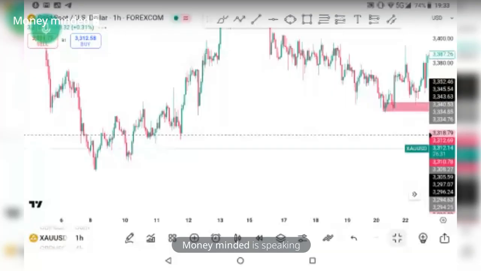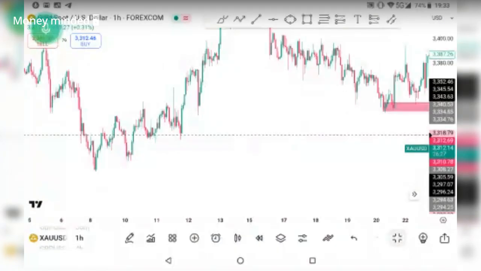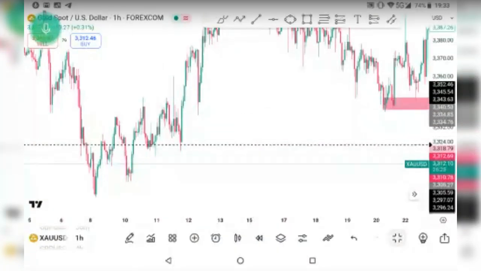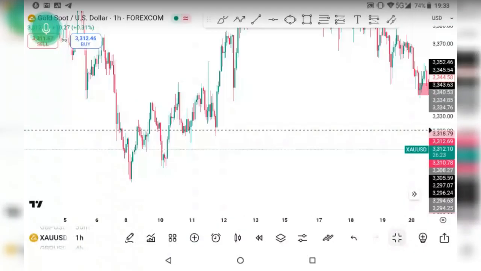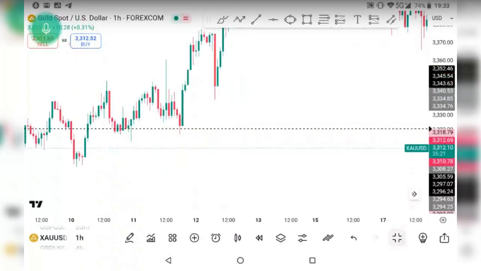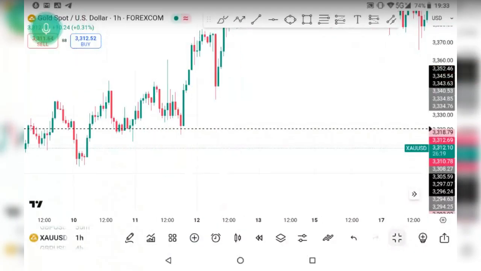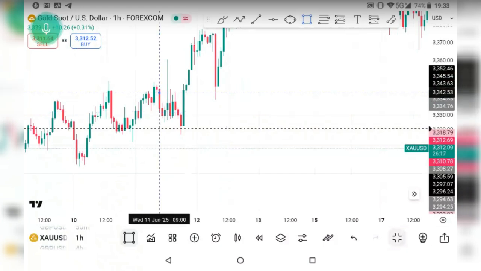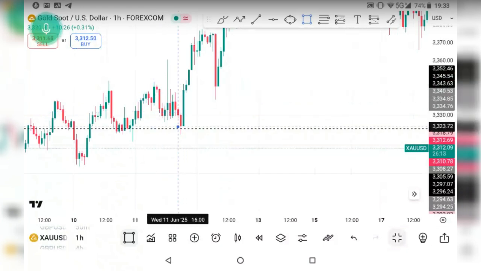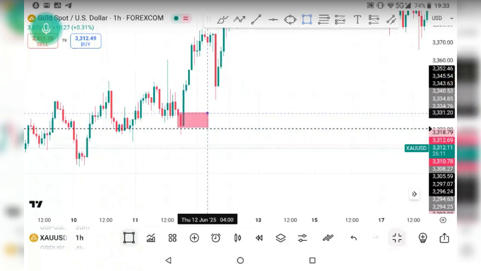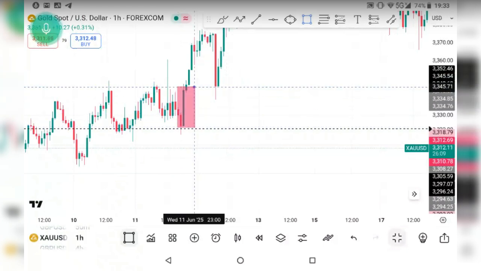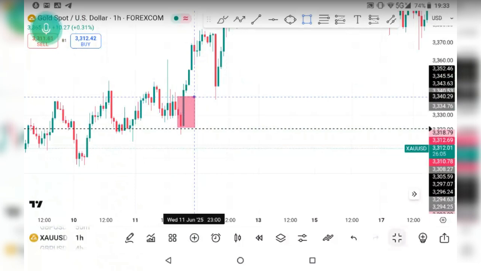So if we look at this particular region now, we have what is known as a bullish engulfing confirmation. You can see how this large green candle engulfs that red candle. This is a bullish engulfing candlestick.